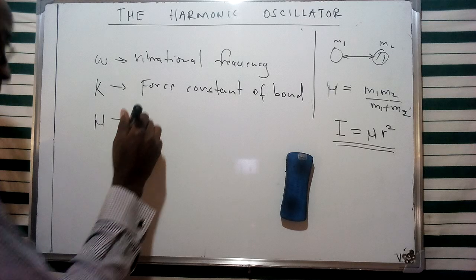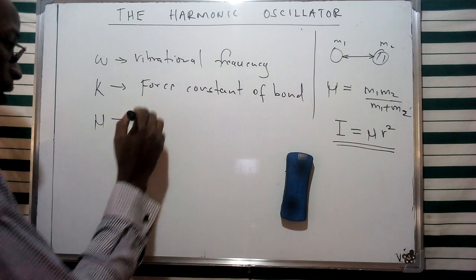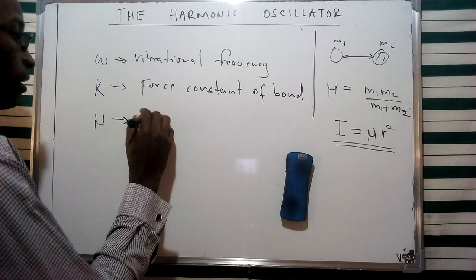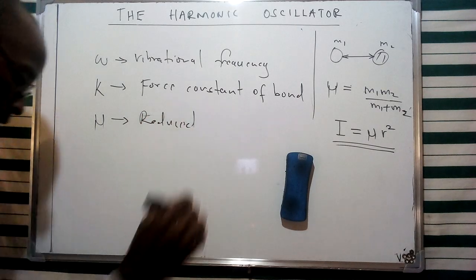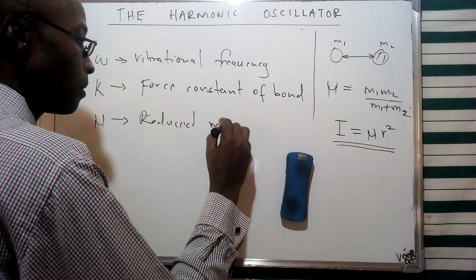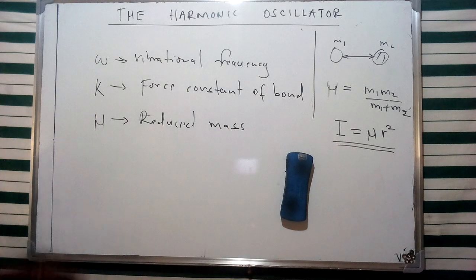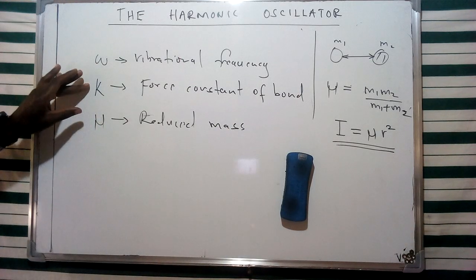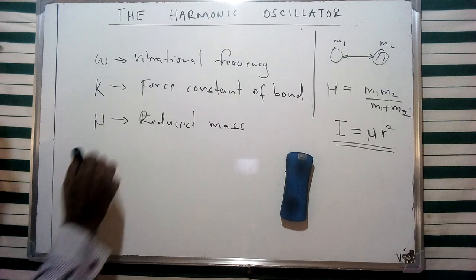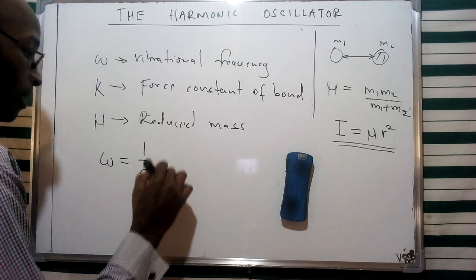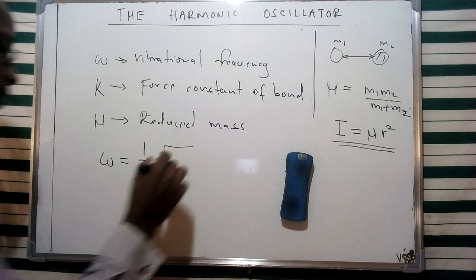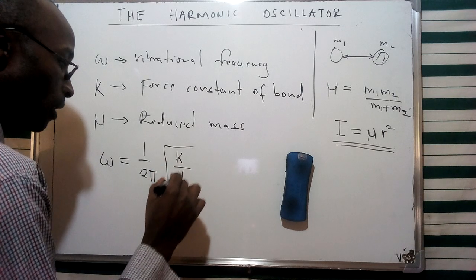So we have this symbol meaning reduced mass. And there's a relationship between omega, k and reduced mass, which can be given as omega equals 1 over 2 pi times the root of k all over reduced mass.